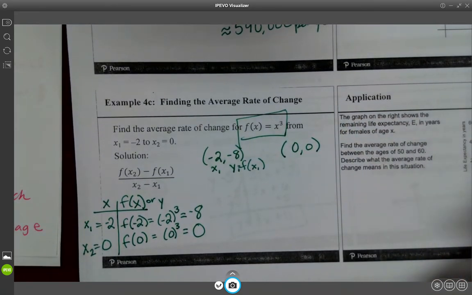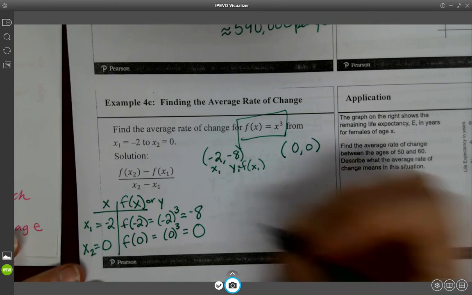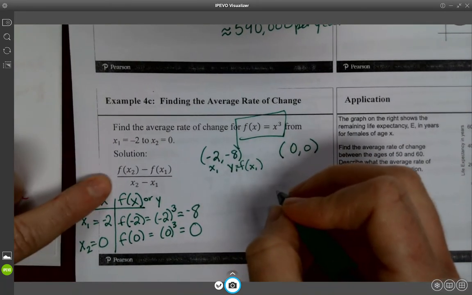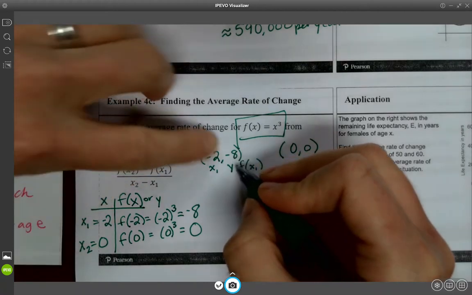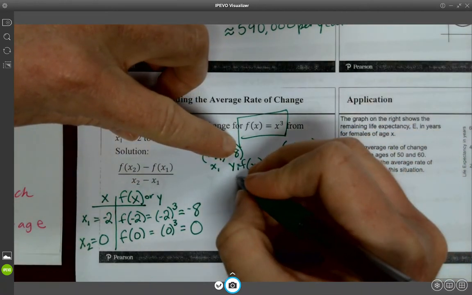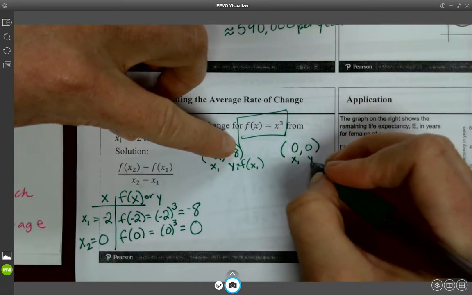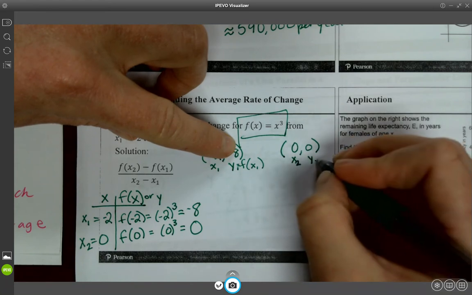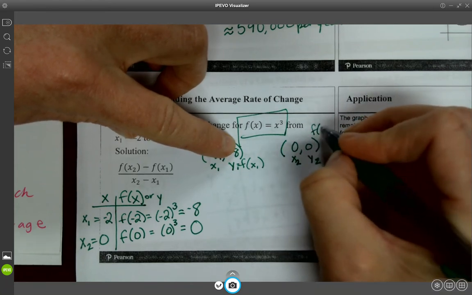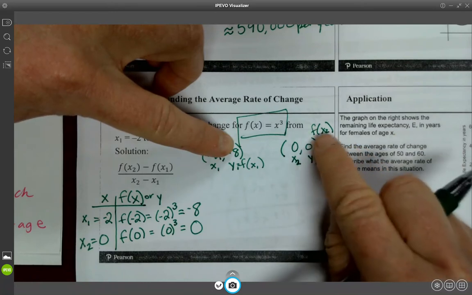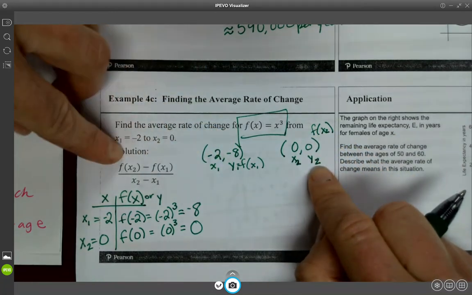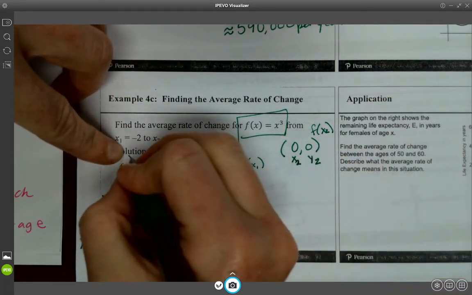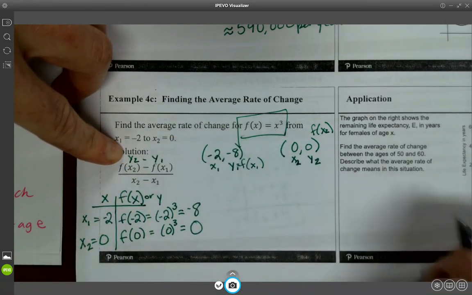So we're asked to find the slope from these 2 points. This is y1, this is x1, this is x2, sorry, y2, or f of x2. F of x2 is the same thing as saying y2, so it's still the same formula, y2 minus y1.